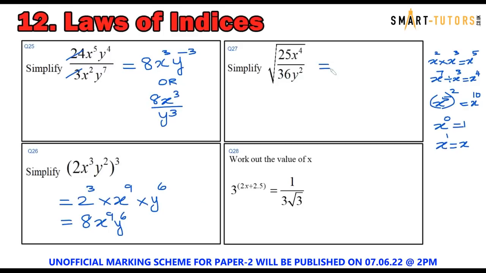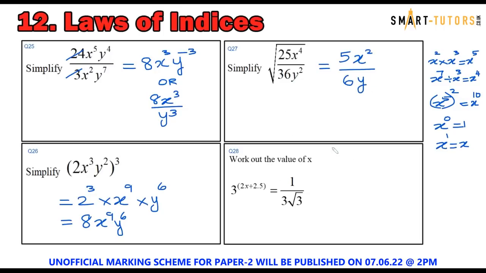Simplify. Question number 27. Square root of 25 is 5. When you square root a power, get half of it. So x to the power 4 becomes x to the power 2 because half of 4 is 2. 36 square root is 6. Half of 2 is 1. So y is the correct answer.